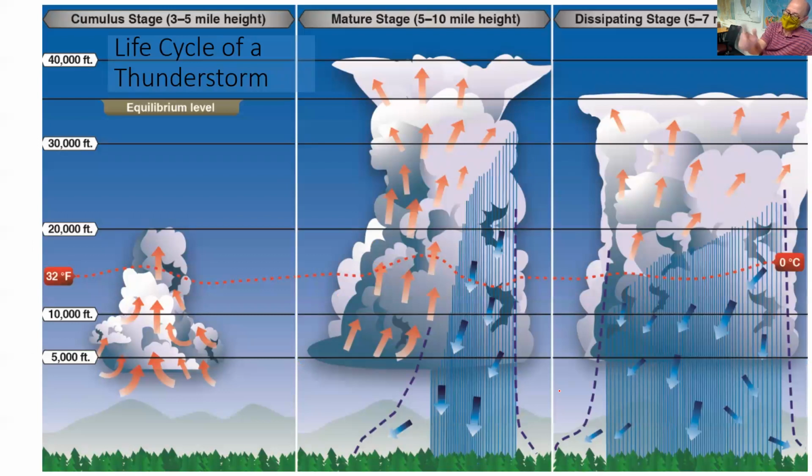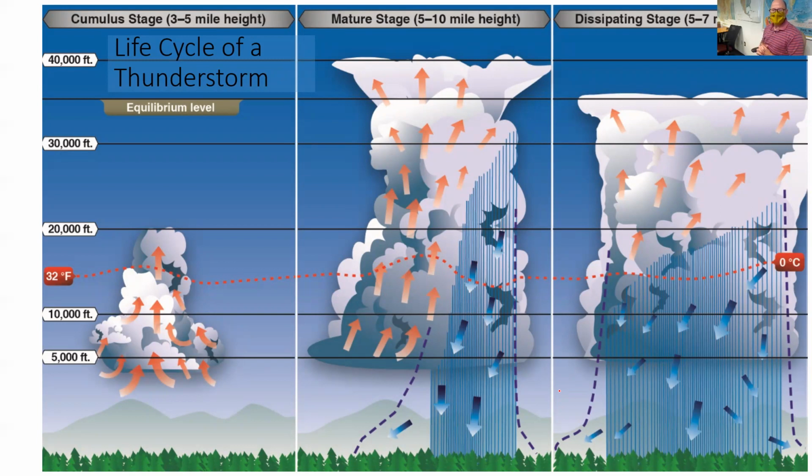This I took out of the Airman Knowledge, one of those FAA knowledge study guides. We'll pull it up and show it to you. Basically, they go over the life cycle of a thunderstorm. First, you get some sort of condensation happening, where you have some convective currents.